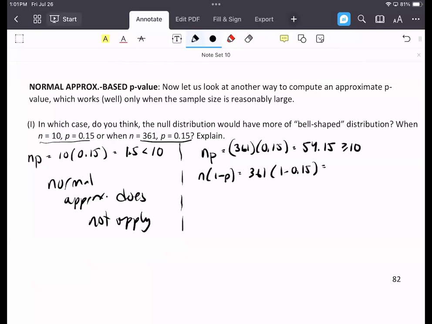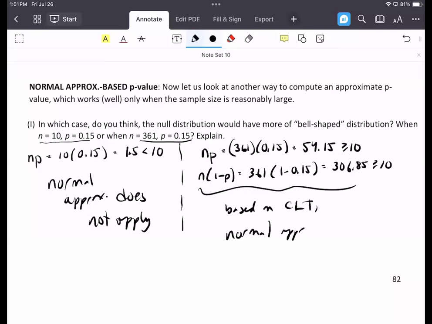True, but you still want to do the calculation. That's at least 10. Based on the central limit theorem, the normal approximation does apply. So can we use the power of that? Definitely.